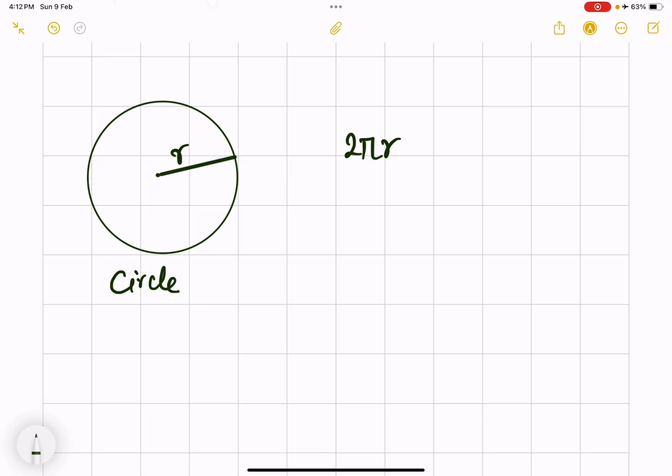So pi is an interesting number which is used whenever we are talking about curvy shapes, and the value of pi is normally taken as 22 by 7. It's an approximate value of pi, not an exact value. So twice pi r is the perimeter of the circle, that's the length of the boundary, and pi times r square, which means pi into r into r, this is the area of the circle.